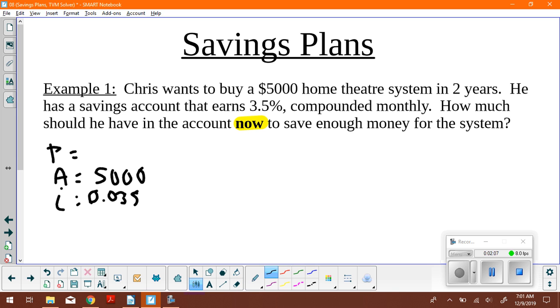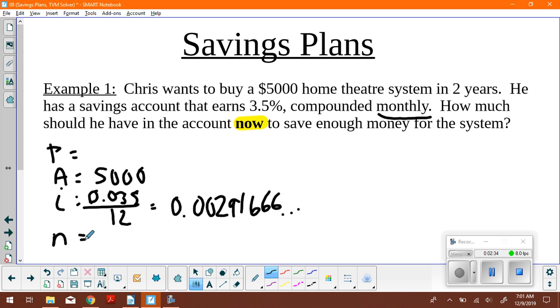It's compounded monthly, so we divide that by 12, which is 0.0029166, and so on. And for N, it's 2 years, compounded monthly, so we multiply by 12. That's 24.